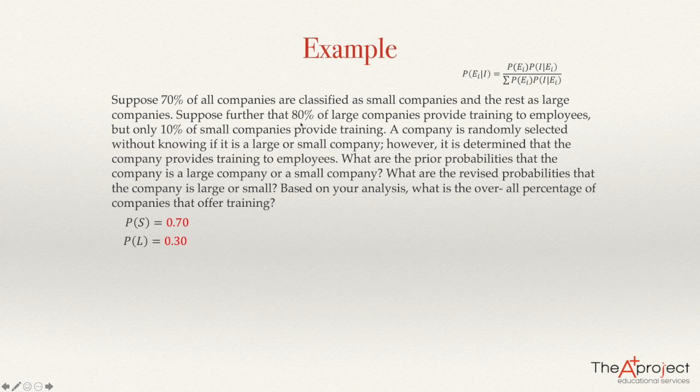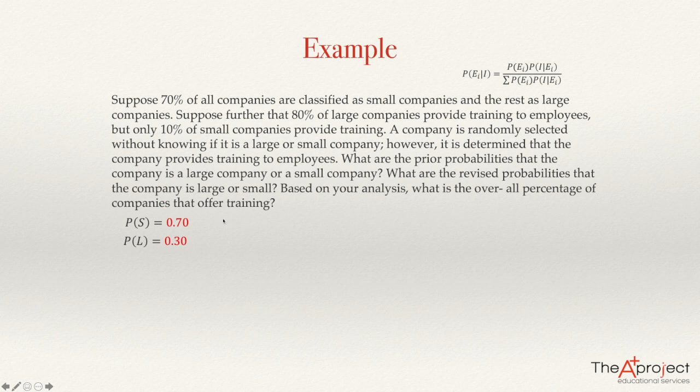For example, they say here that 80% of large companies provide training. So it means that the probability of providing training, given that the company is large, will be 80%. And the probability of providing training, given that the company is small, will be 10%.